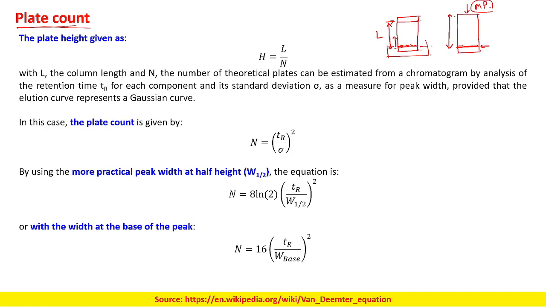However, if you are using UV detectors and collecting the solvent at the outlet of the column and then analyzing that, then in that case the L would be the total length of the column.